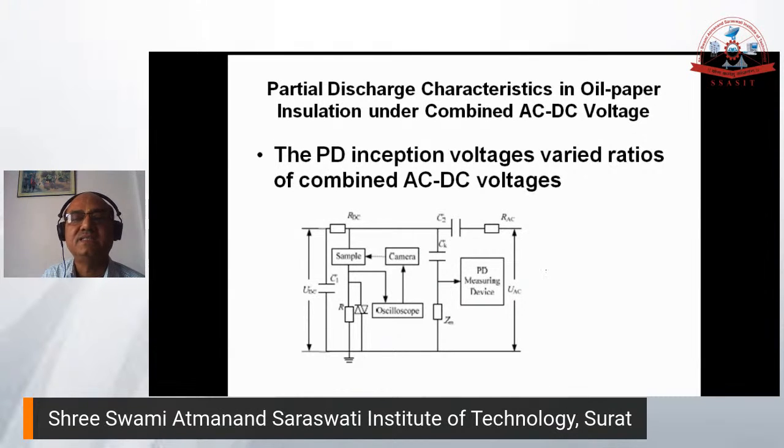So here you can see that the sample is given an AC supply from the right side and a DC supply from the left side together, and this combined AC-DC test is conducted to check this.